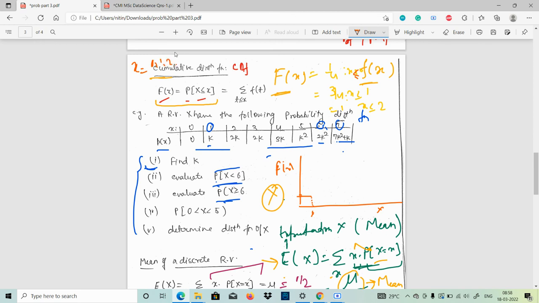It means the function is not defined for any values after that. So here it's 0, then you have 1 and 2. I will show you the graph next time, because there is something involved.